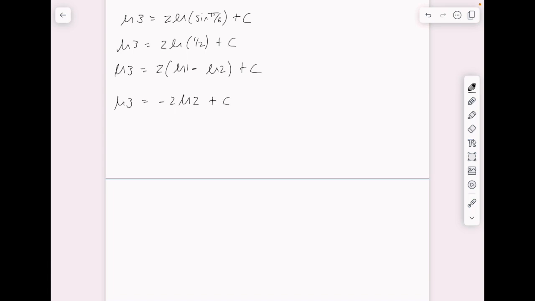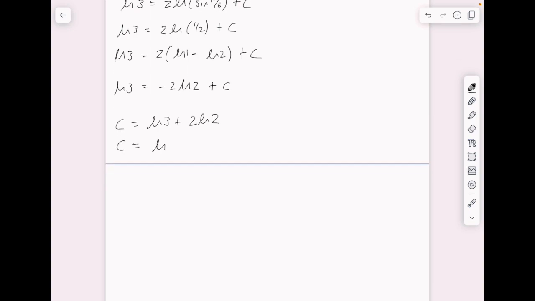Then what does c become? Well, c becomes ln 3 plus 2 ln 2, which then becomes ln 3 plus ln 4. Why? Because this 2 is going to come over and act as a power.